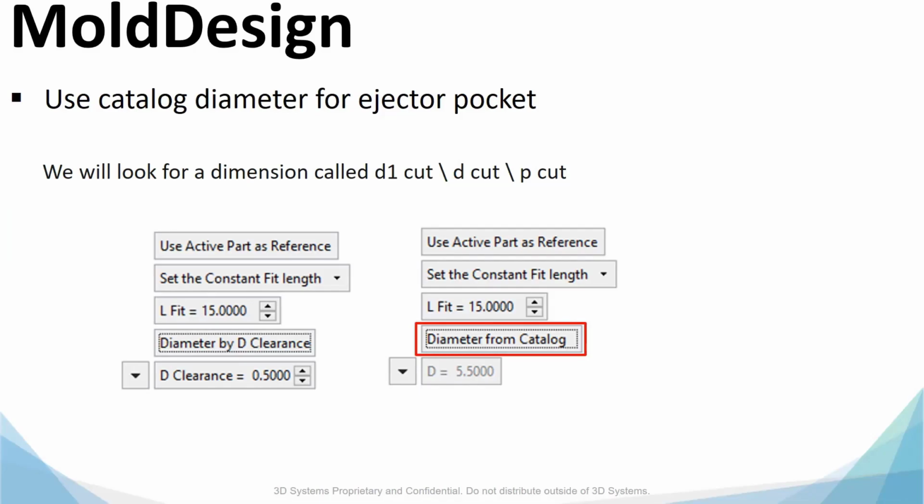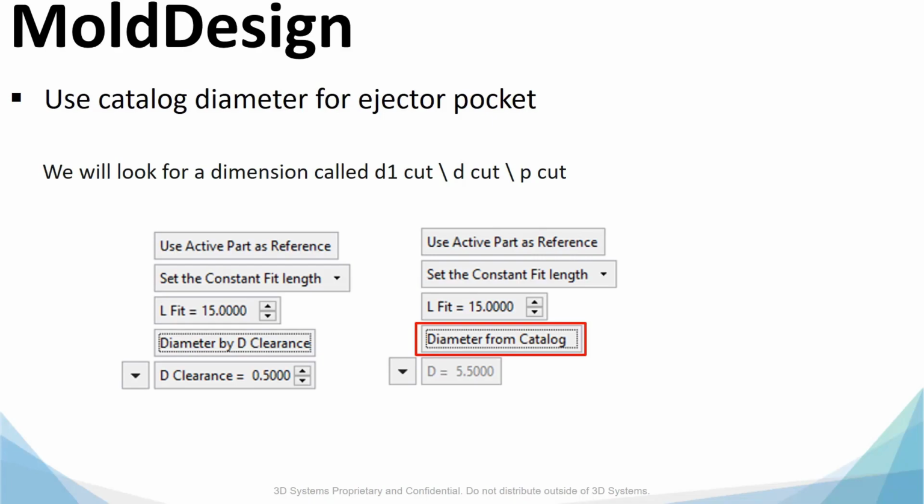Use catalog diameter for ejector pocket. We will look for a dimension called D1 cut, D cut or P cut. When using the ejector pocket tool, the offset from the ejector in the part of the hole that is loose was set as a constant offset value. It was the clearance.